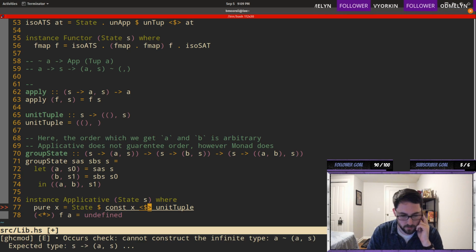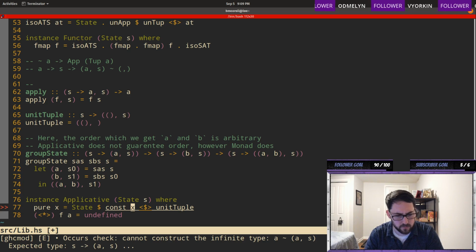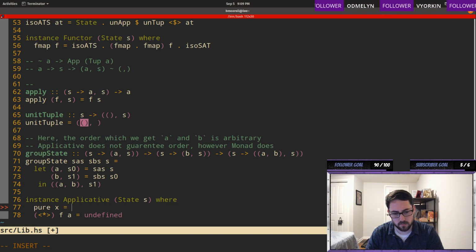Okay. So unit, oh, it's not const x, that's not right. What is it? We basically need to replace this piece. We need unit tuple and fmap, he says.